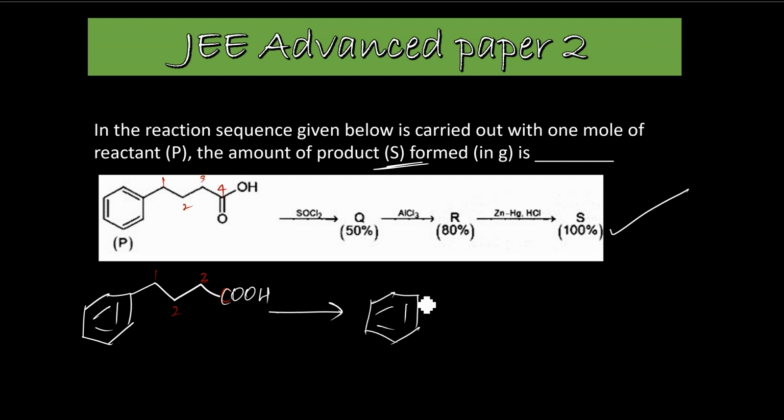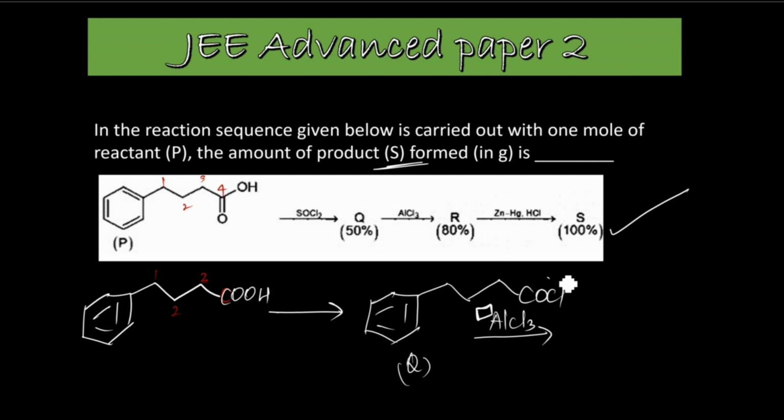our 1, 2, 3 COCl, correct? Then that is our Q, followed by the reaction of AlCl3. AlCl3, we very well know, has a vacant orbital which can accept the lone pair, so it is a Lewis acid.